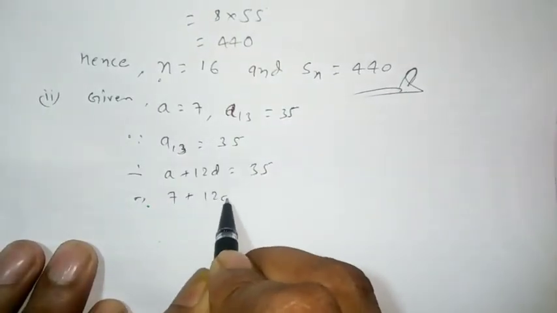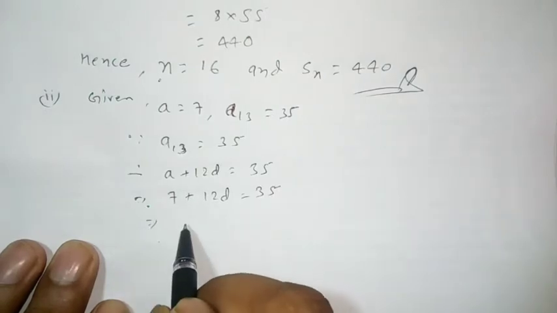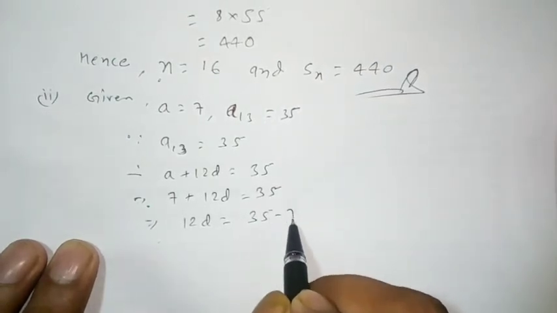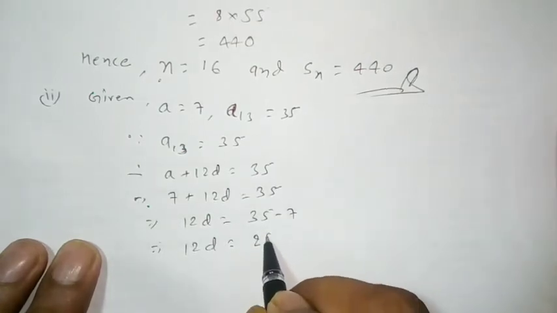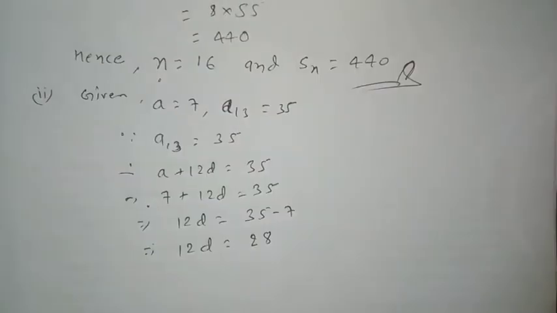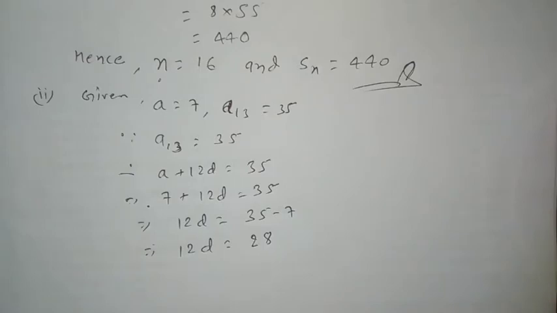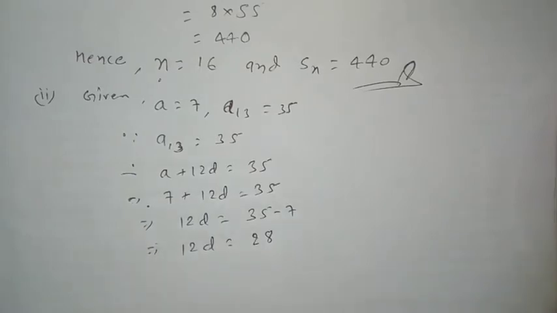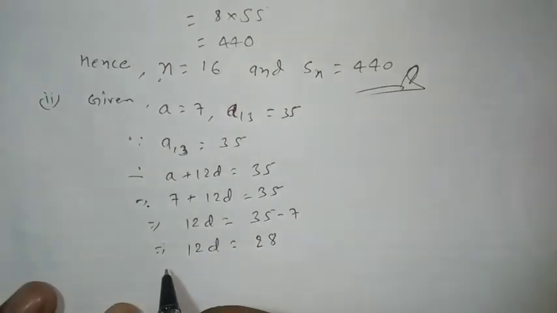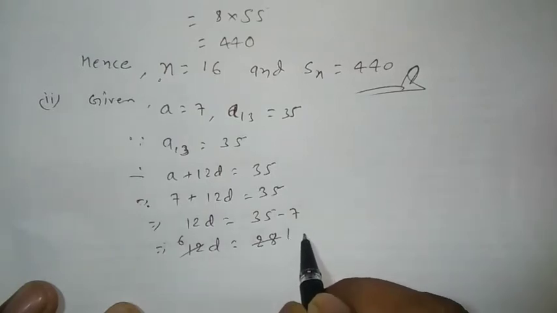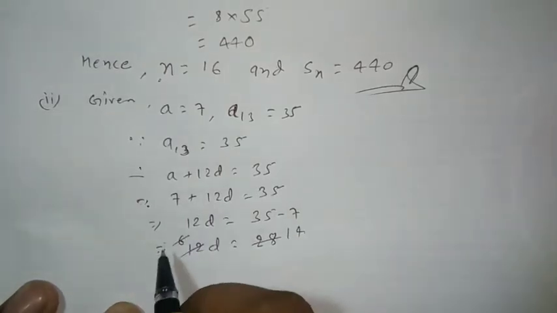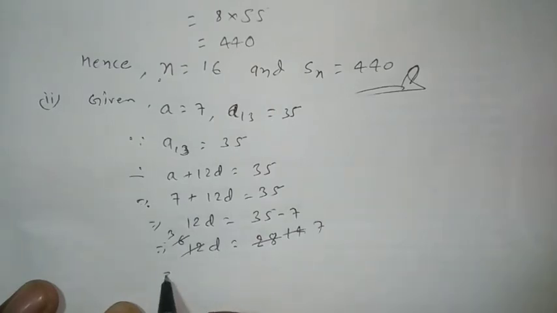Implies 7 plus 12d is equal to 35. Implies 12d is equal to 35 minus 7, which is 28. Implies d is equal to 7 by 3.